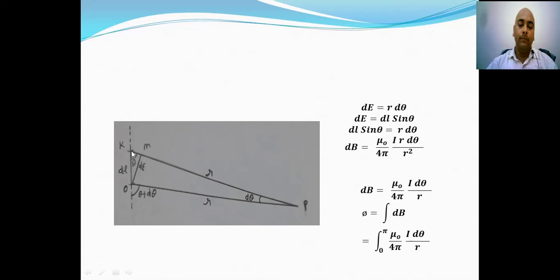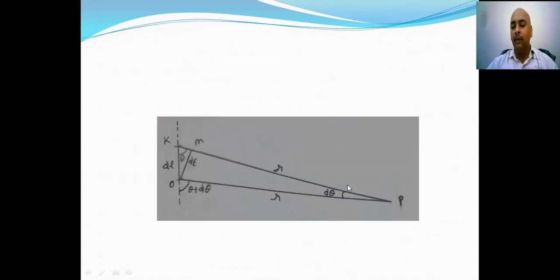Similarly, from the triangle OKM with angle KMO equal to 90 degrees and angle OKM equal to theta, we can also equate DE by dl is equal to sine of theta, and from these two equations we can put that dl sine theta is equal to r d theta. That is, basically we have made a relation between dl and r.